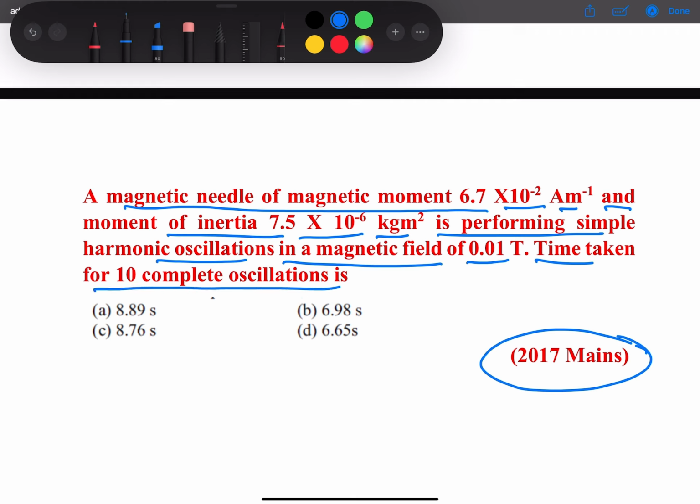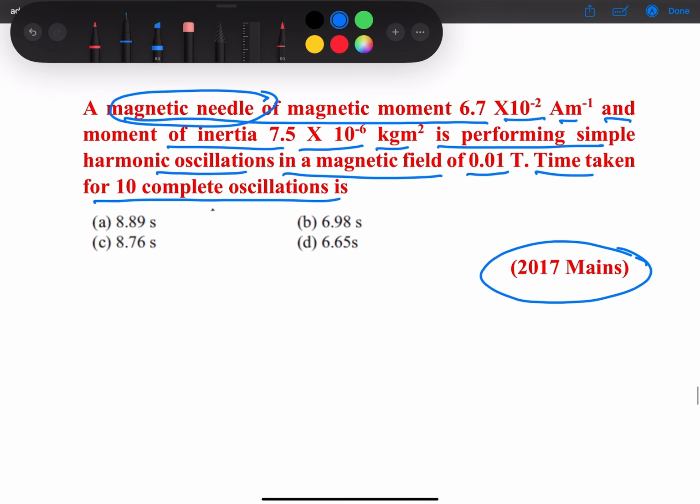So in this case, we are given that the body is performing a simple harmonic motion, and that is a magnetic needle.